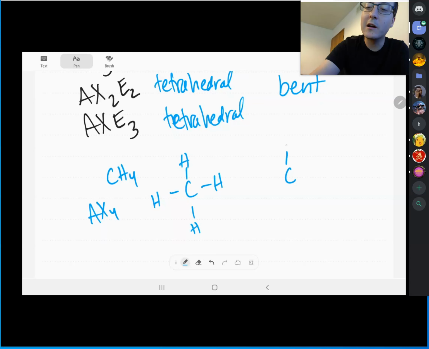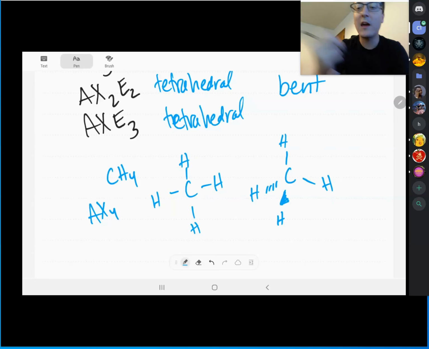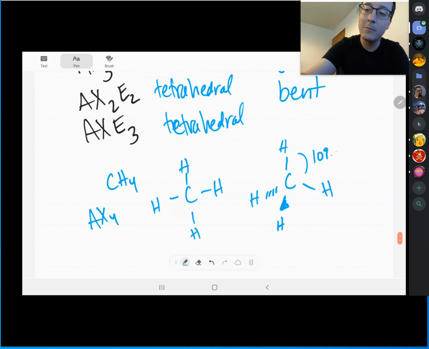So if we were to draw this in the 3D way, this is also a tetrahedron. Nothing is changed because there are no lone pairs. So all of these are still 109.5 degrees.